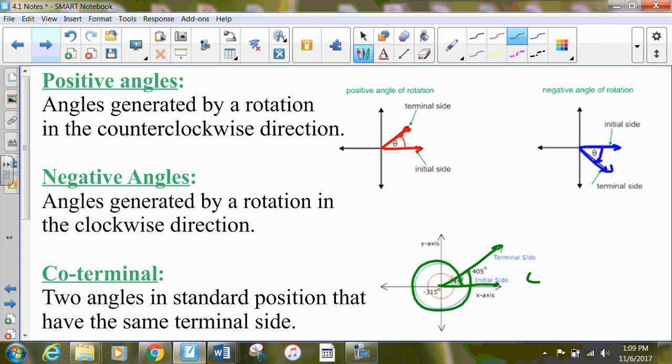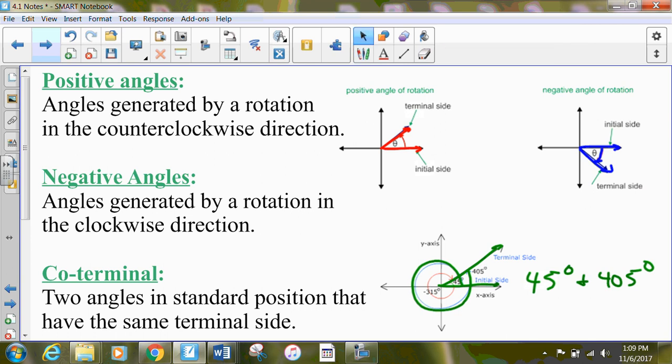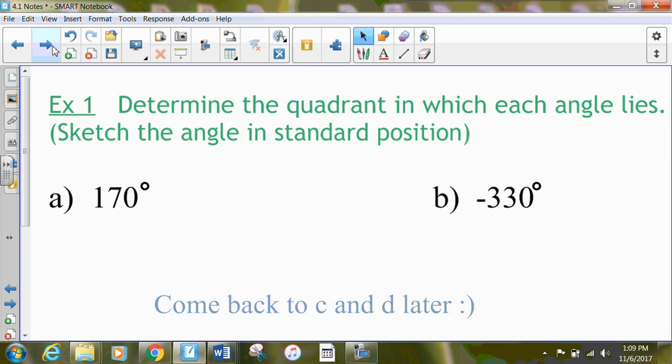Well, both 45 degrees and 405 degrees would be coterminal because they look the same. They have the same initial side, same terminal side. And same thing with the negative 350 degree angle. That would also be a coterminal angle. And we're going to go ahead and talk about how to find coterminal angles in just a few minutes.